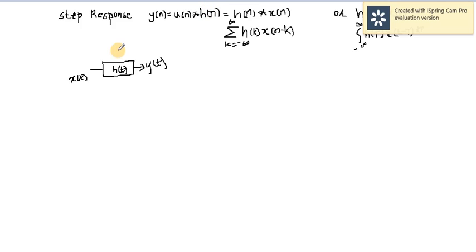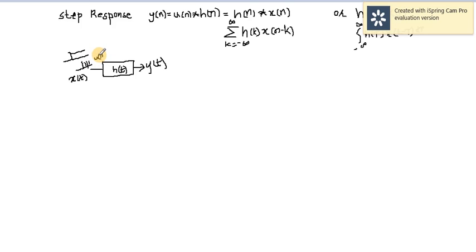Now, if the input of the system is equal to the step signal, it may be a continuous unit step signal or a discrete step signal, that is u of n or u of t.